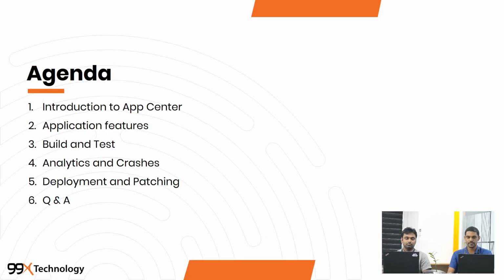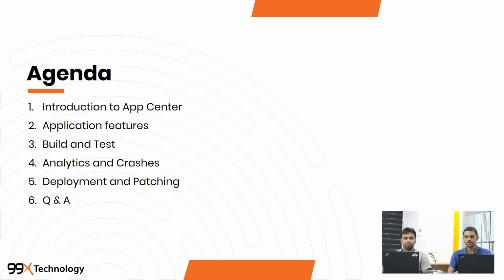So today we are going to talk about Visual Studio App Center for React Native. So let's go on with the agenda. We have arranged it in the same way that you use these features in your application lifecycle. We begin with the introduction as usual, and then we move on to the application features which you can use in your application.